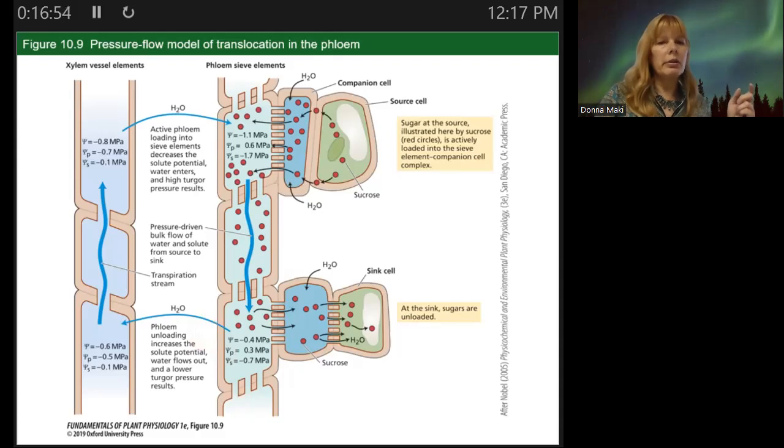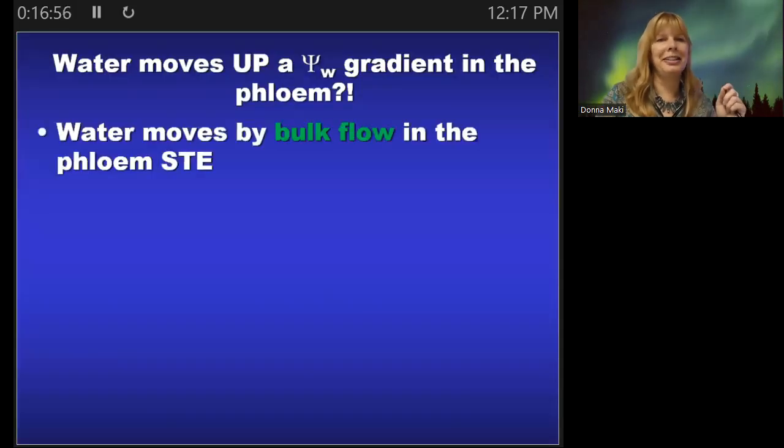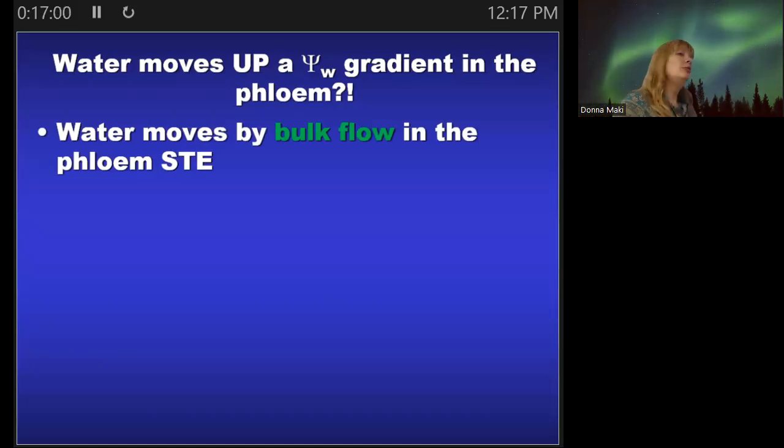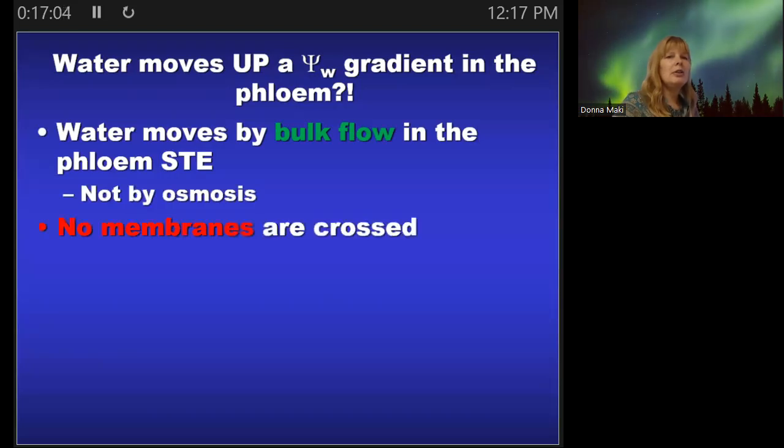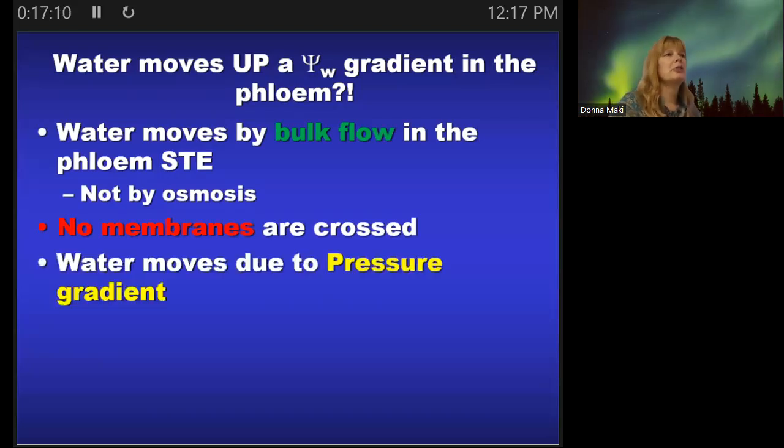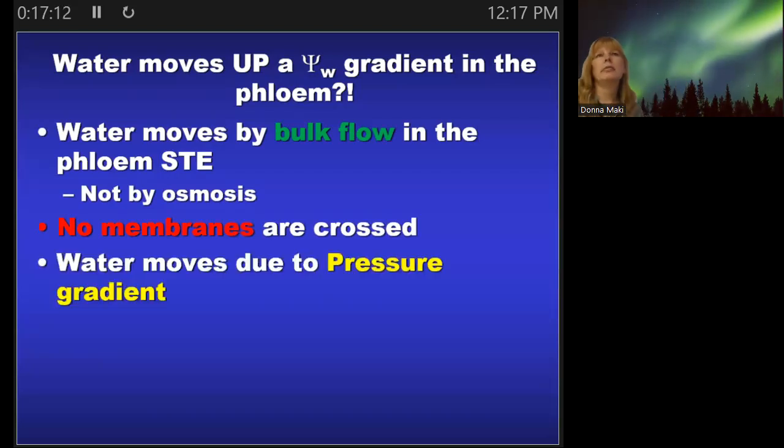Okay, so it's a little weird. I'm not going crazy as far as you know. So water moves by bulk flow. We're talking about bulk flow. No membranes are being crossed from sieve tube element to sieve tube element to sieve tube element. So it's a pressure gradient that you need to consider. That's what you need to zero in on, the pressure gradient.